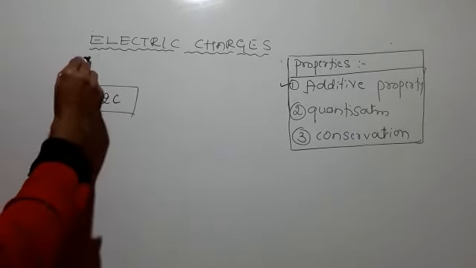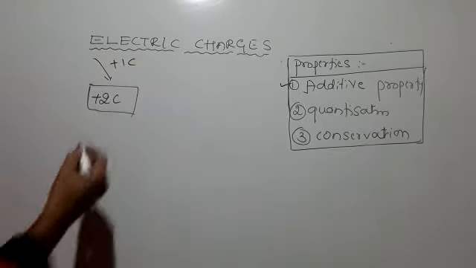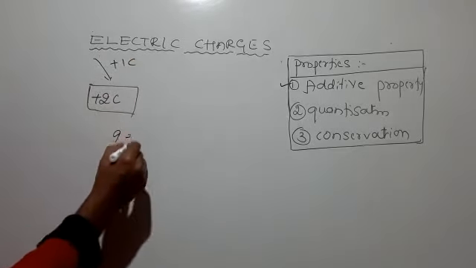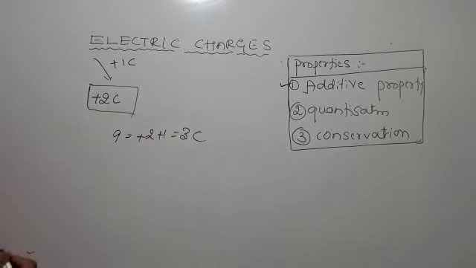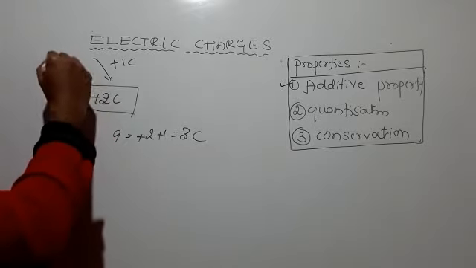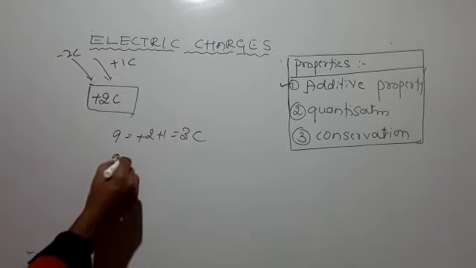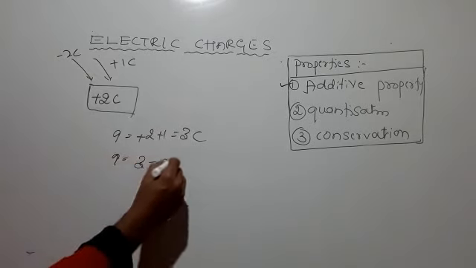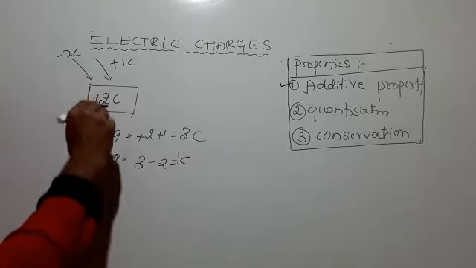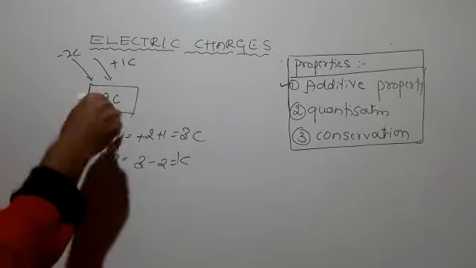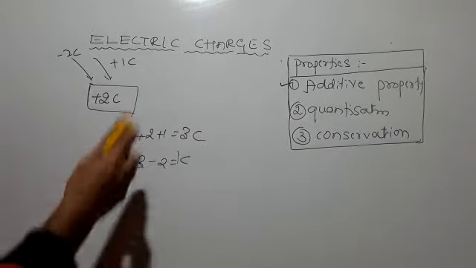Now, if I add 1 coulomb of charge to this conductor, then the total charge on the conductor will be 2 plus 1, that is 3 coulomb. If I add further minus 2 coulomb, then the total charge will be Q equals 3 minus 2 coulomb. That means you can add charges algebraically. That is called the additivity of charges.